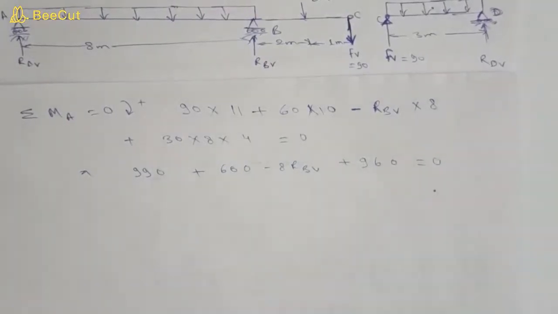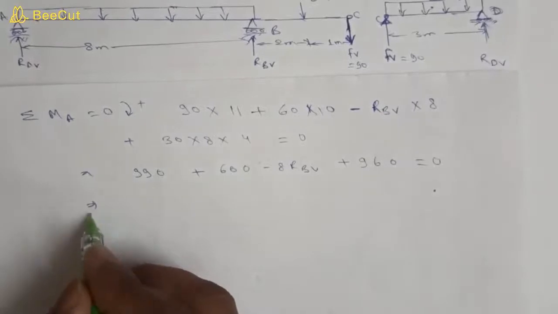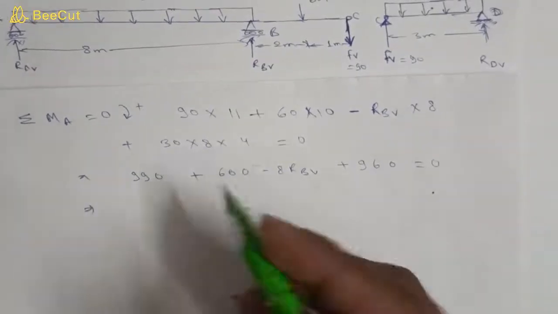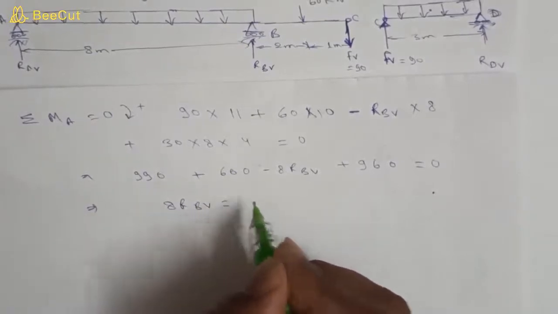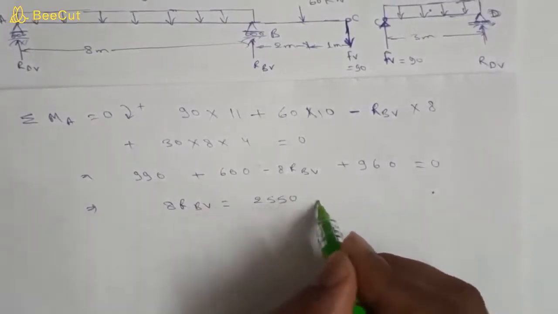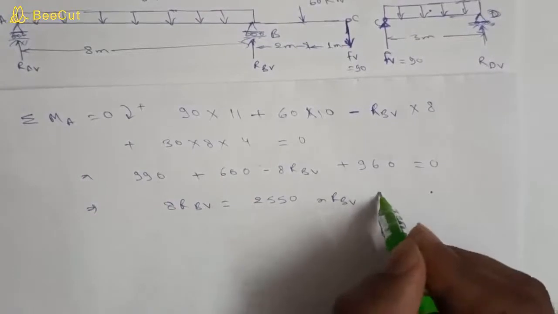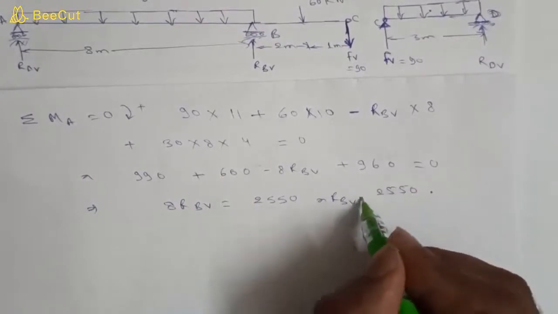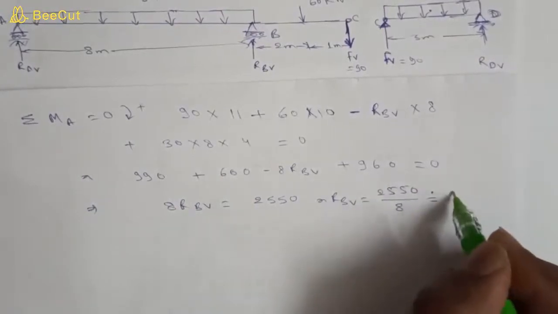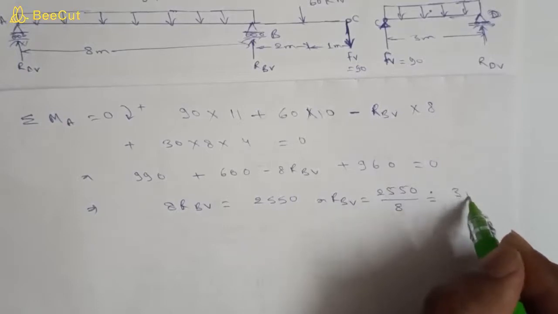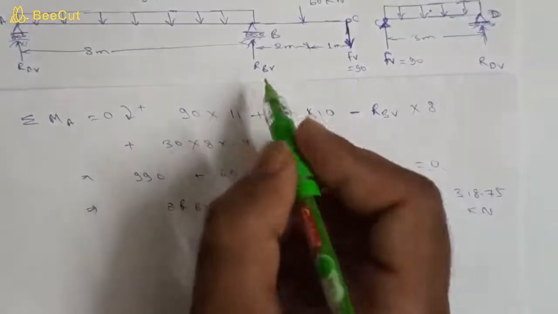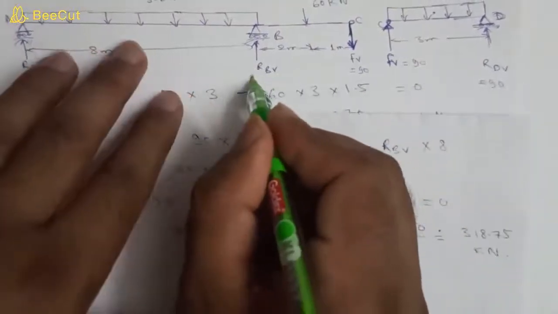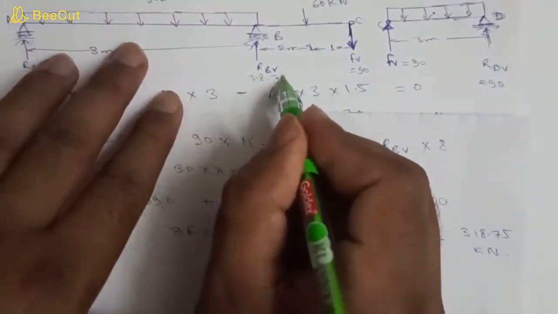From here we can calculate Rbv. We will get 8 Rbv is equal to 2550. So Rbv will become 2550 divided by 8, which is 318.75 kN. So we have got RB, which is 318.75 kN.